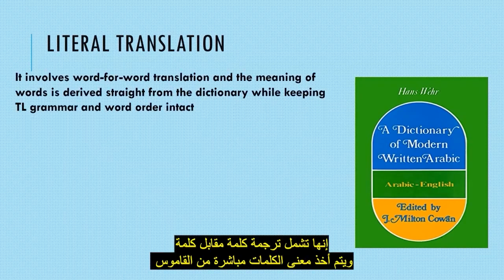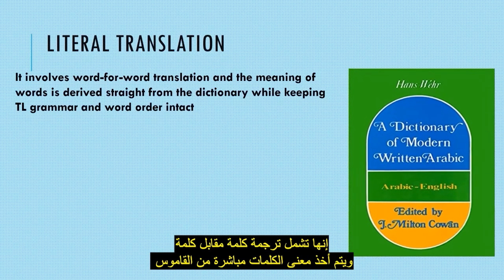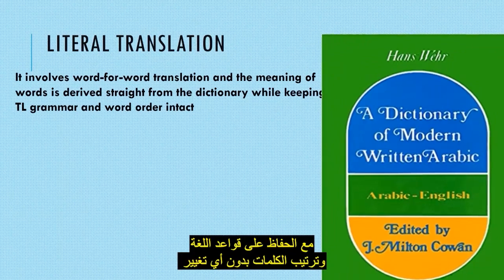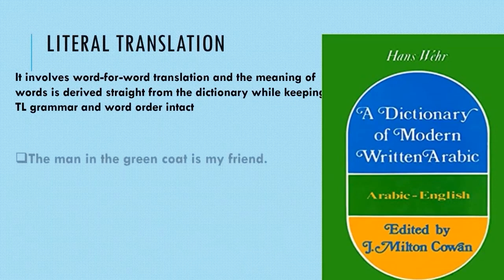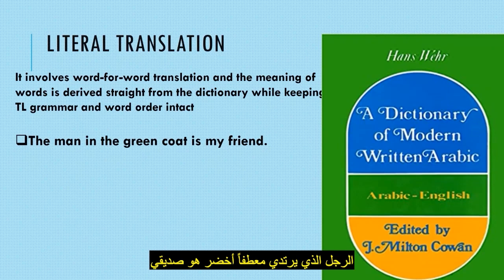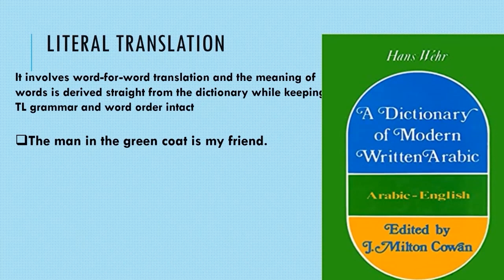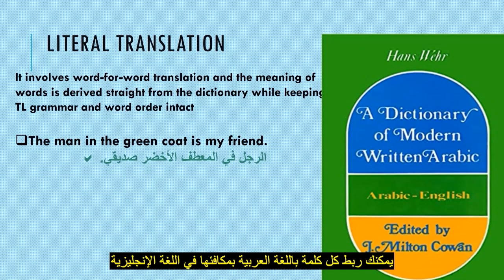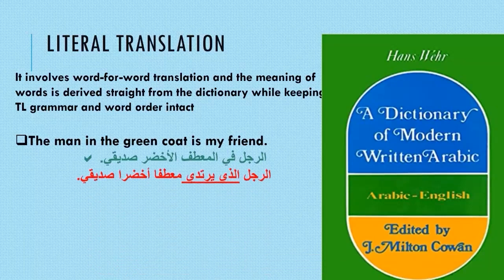It involves word for word translation, and the meaning of words is derived straight from the dictionary while keeping the target language grammar and word order intact. For example, the man in the green coat is my friend. الرجل في المعطف الأخضر صديقي. You can map each word in Arabic to its equivalent form in English.